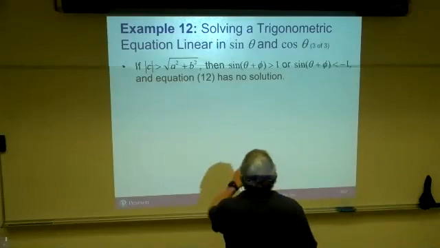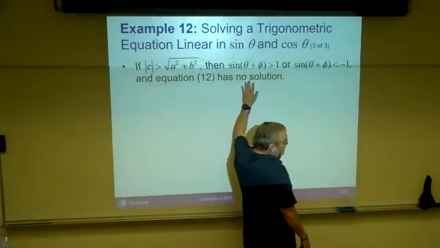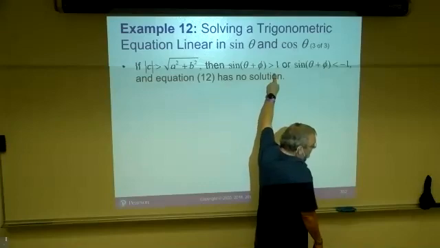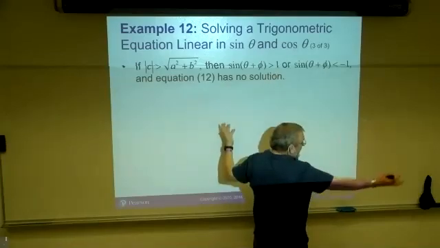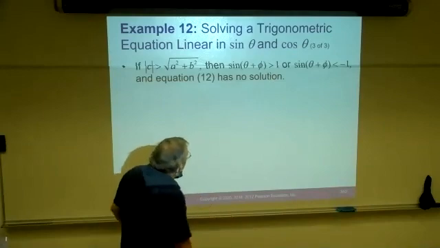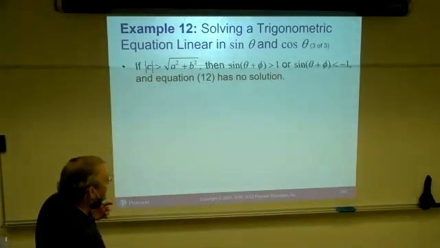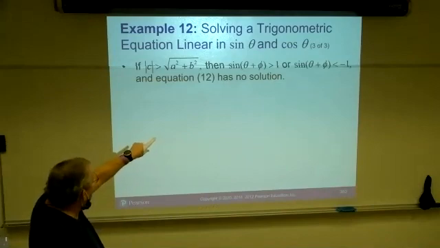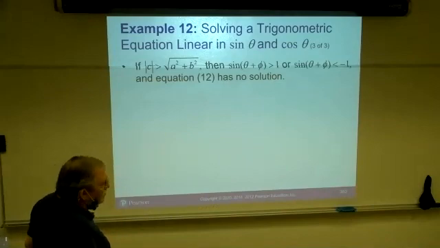Okay, sine gives you a number between -1 and 1. Well, they're saying that this is going to be greater than 1, it's going to be outside, which doesn't happen with sine. Sine gives us a number between -1 and 1, and this is saying that sine has to be outside of 1 and -1.